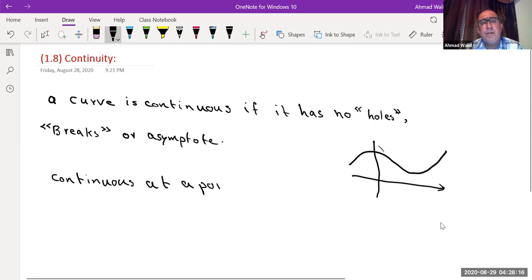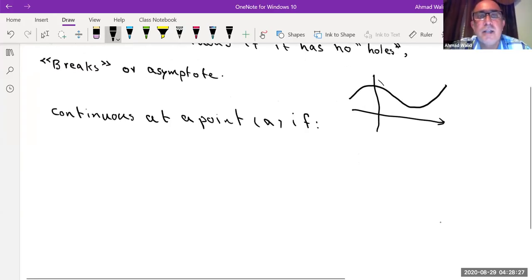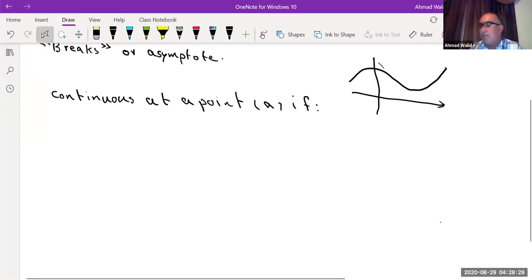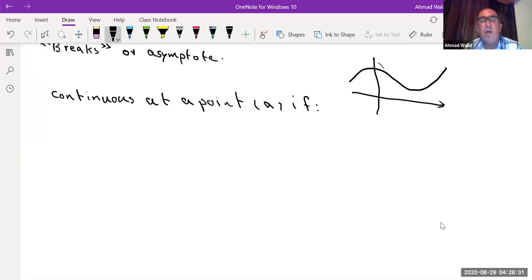Now, I'll give you the mathematical notation. That's the important part that you have to remember. These are three criteria or conditions: if a function has these three criteria, it's continuous. If it doesn't, it's not continuous.